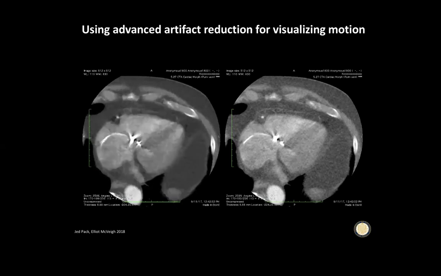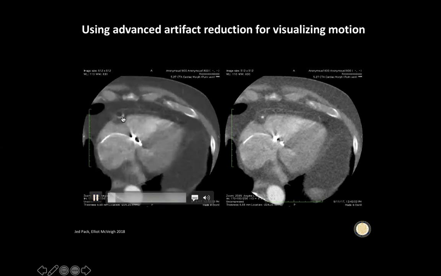So we probably have 14 phases over the heart cycle, but the data is obtained over these 140 millisecond intervals. In that interval, this vessel is moving a considerable distance and causing a picture that is not the vessel, right? You know, it doesn't look like that.